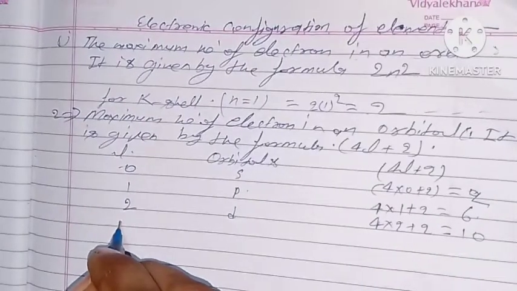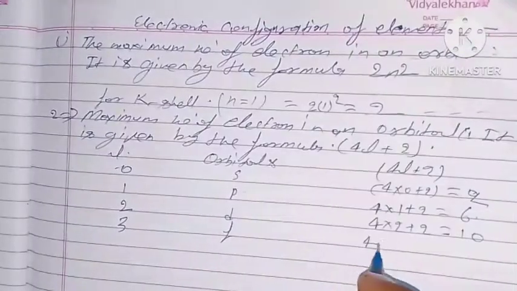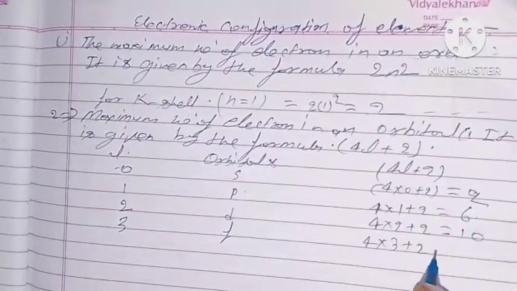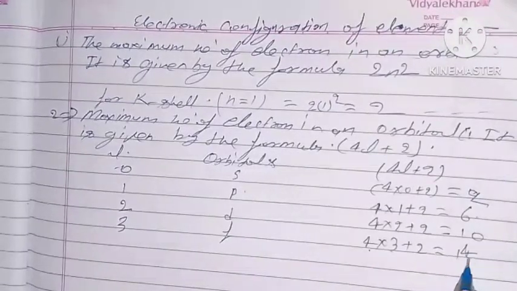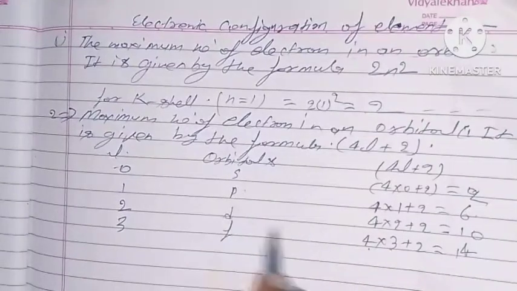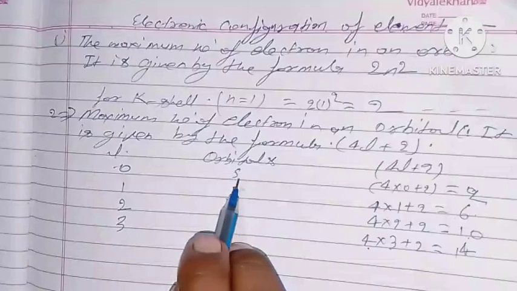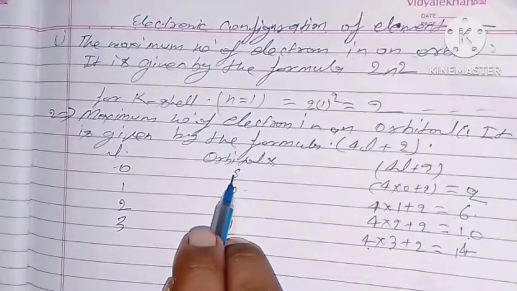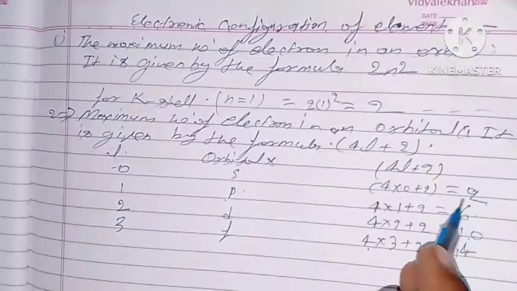For l equal to 3, for f orbital, 4 multiplied by 3 plus 2 equals 14 electrons. So the total number of electrons in f orbital is 14, in d orbital 10, in p orbital 6, and in s orbital 2.